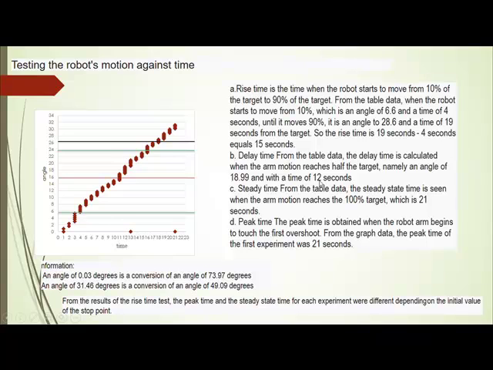For delay time we have 12 seconds. For steady state we have 21 seconds. For peak time we have 21 seconds too. This is the first test for robot motion.